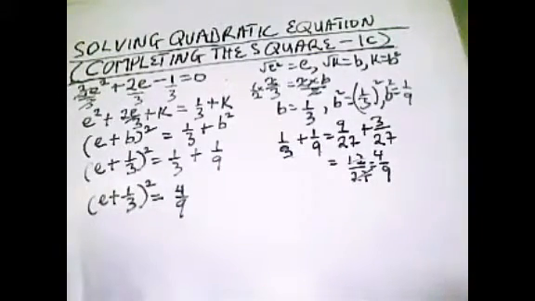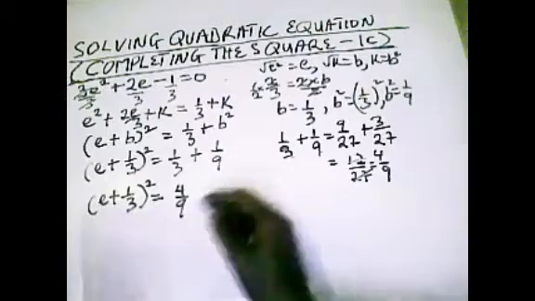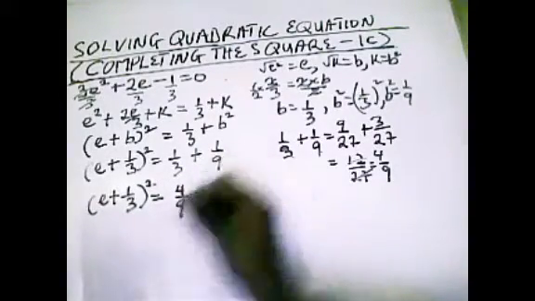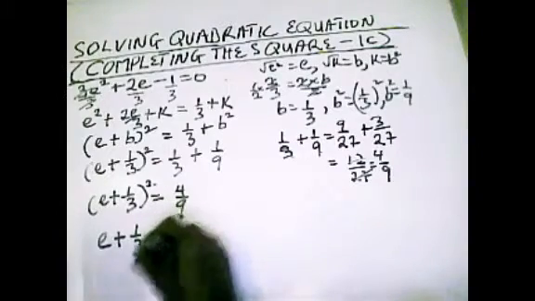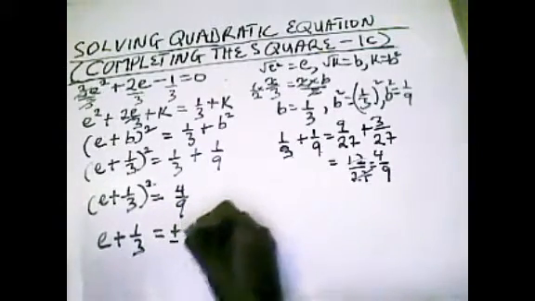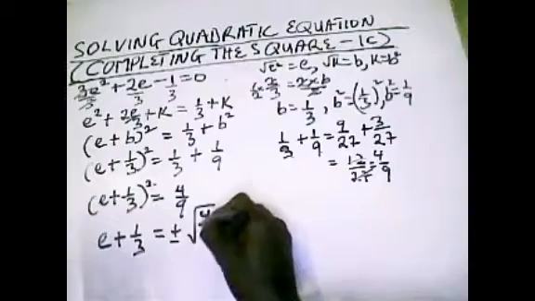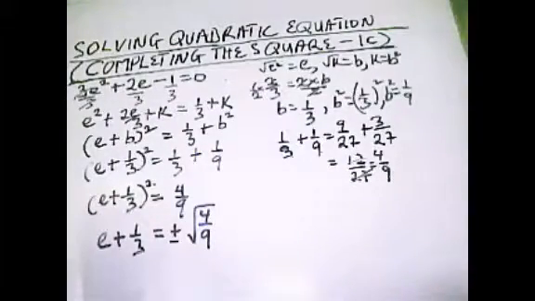I can see that you are catching up. Now what we do next is to remove the square, bring it here, and then we have e plus 1 upon 3 equals plus or minus root 4 upon 9.